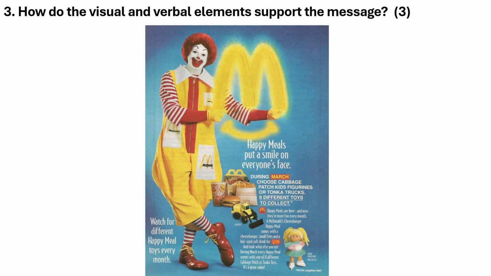And this is supported by the picture of the smiling clown, or the fact that the clown is holding the McDonald's golden arch of the McDonald's logo with a smile beneath it, which looks like a smiling face. That's 1 mark. So that is your third visual mark. You could add that this smiling face is an echo of the clown's smiling face, but you don't have to.